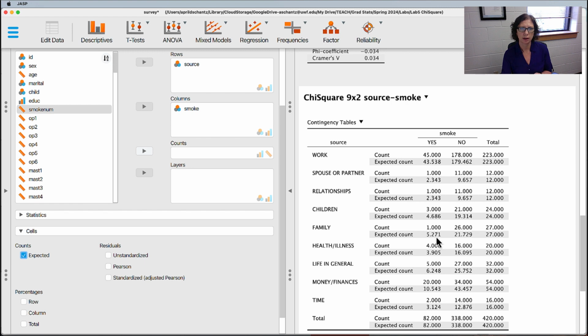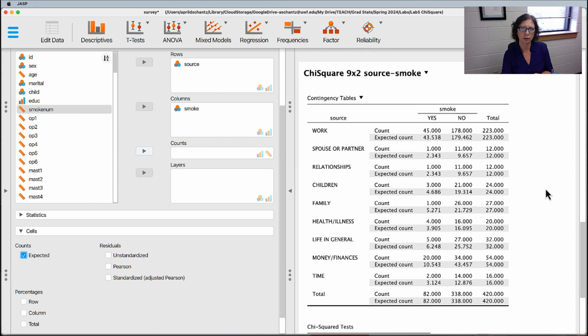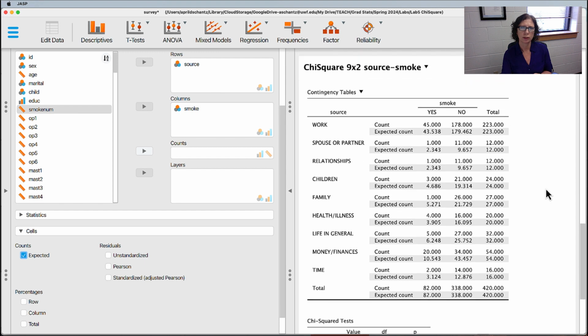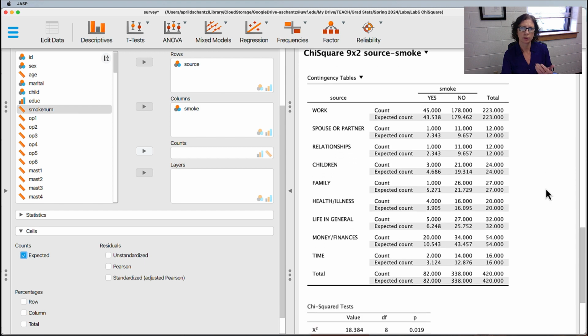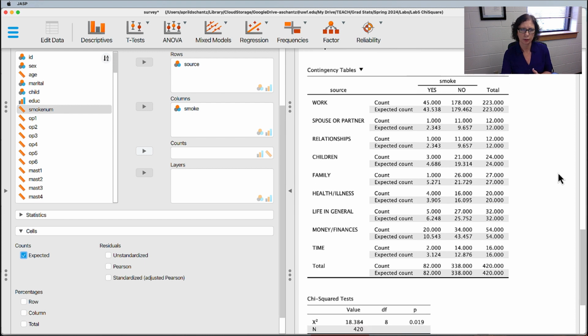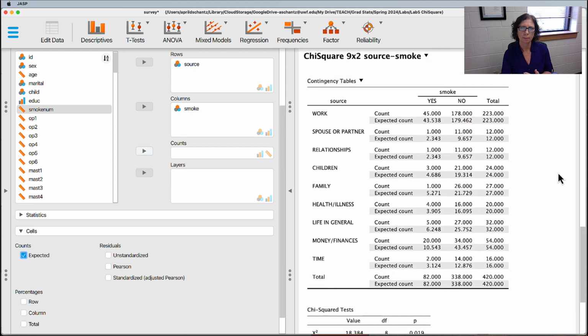It expected 5, it only got 1. Here, expected 3.9. So that means we have some assumption violation going on for this chi-square, that there are several cells that have less than 5 expected. So you would want to let your reader know that. But we can still report it.